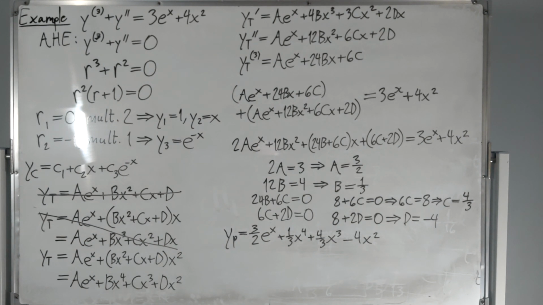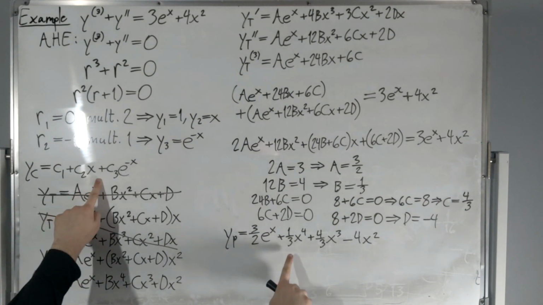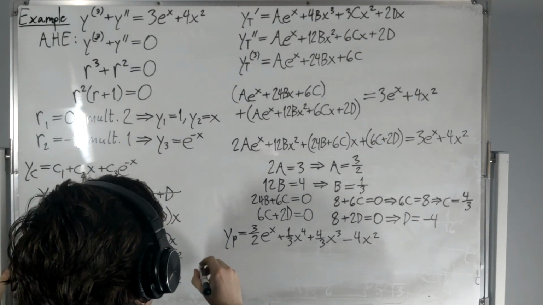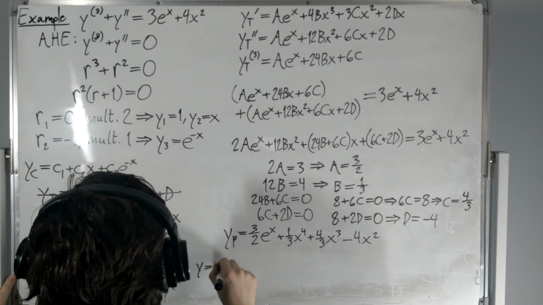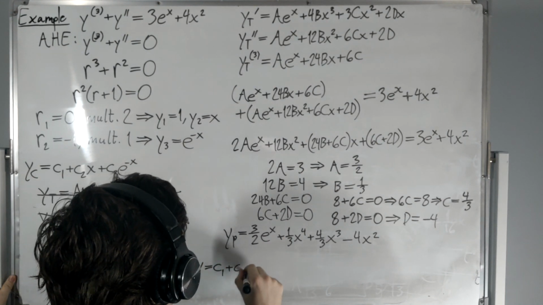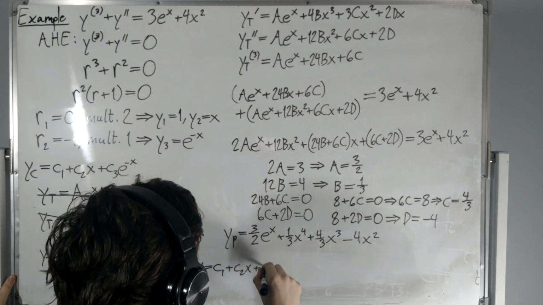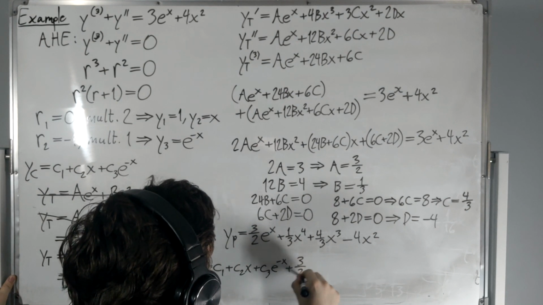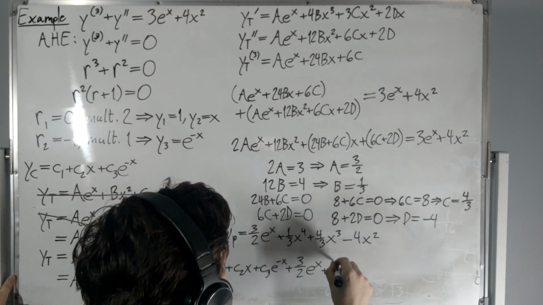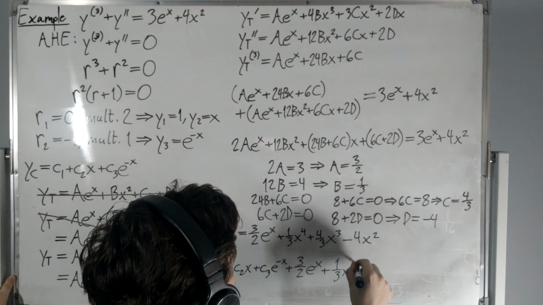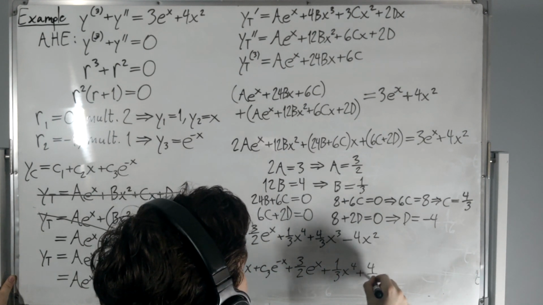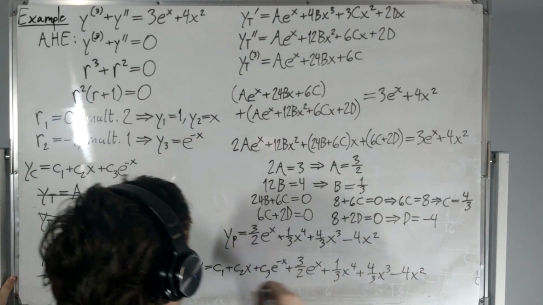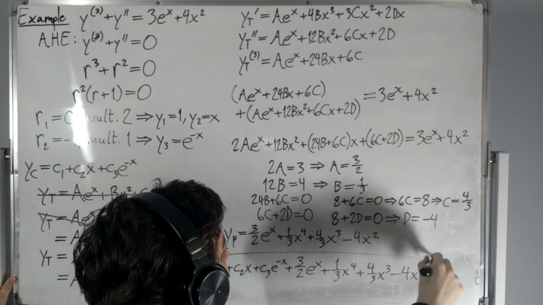And then in that case, our general solution is just the sum of the complementary family and the particular solution. So the general solution is just going to be y equals c1 plus c2x plus c3 e to the -x plus 3/2 e to the x plus 1/3 x to the 4th plus 4/3 x to the 3rd minus 4x squared. And that is that.